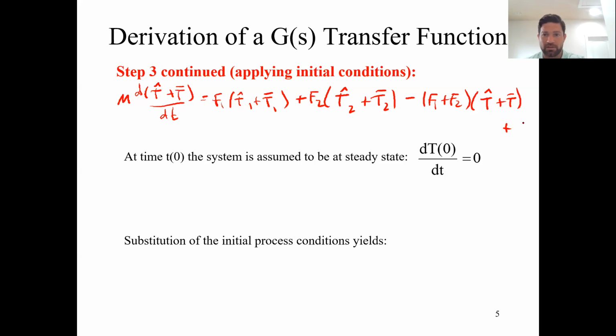And then we would have plus Q over Cp. Okay, so we just plugged in the deviation variables for each one.